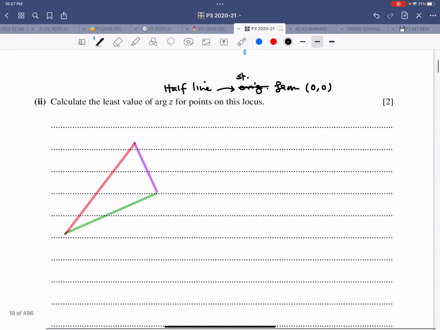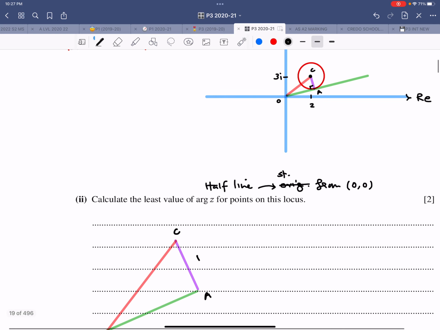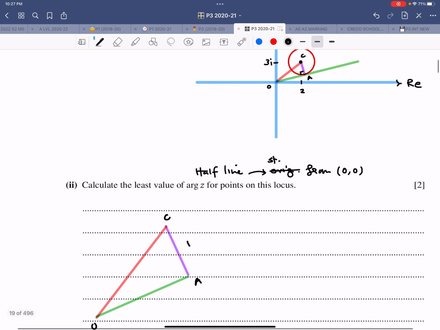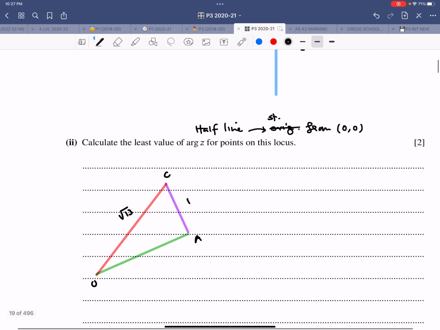This is O, this is C, this is A, this is 1, and this is the square root of 2 squared plus 3 squared because of Pythagoras' theorem. So 4 plus 9, this is root 13. This is a right angle. Let me label this angle as theta. So tangent of theta is 1 divided by root 13.